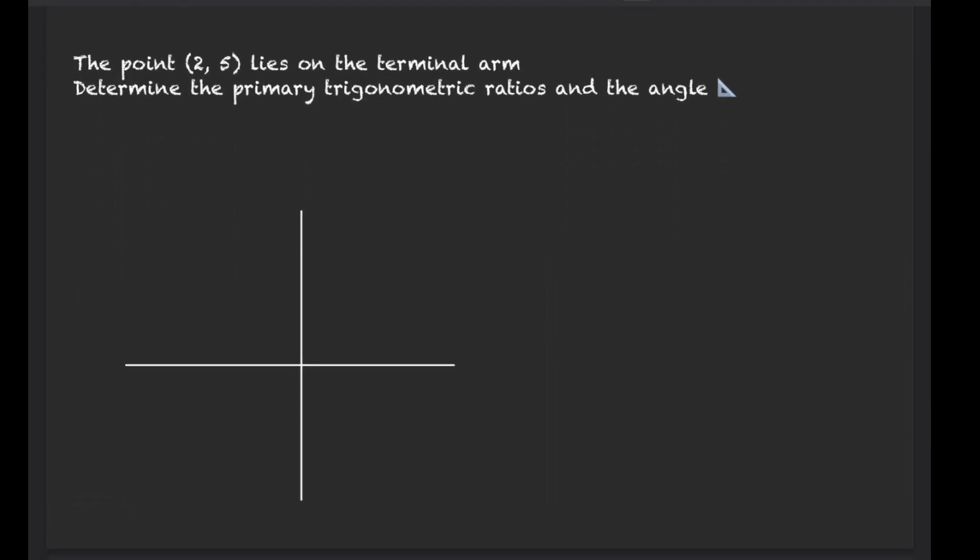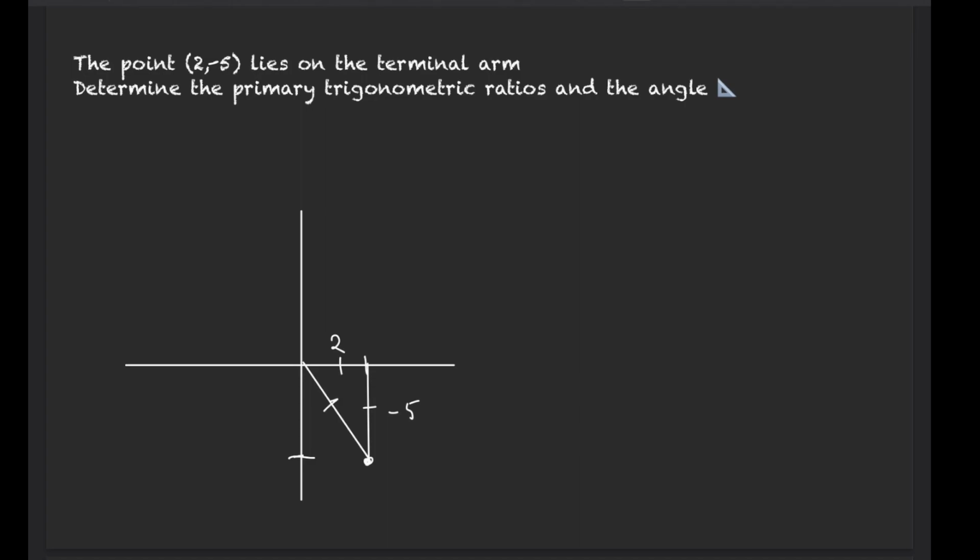Okay, let's try this. The point 2, let's do negative 5, lies on the terminal arm. Determine the primary trigonometric ratios and the angle to the nearest degree. So 2, and then negative 5, so the point is here. What that tells us is that this is 2, this is negative 5.